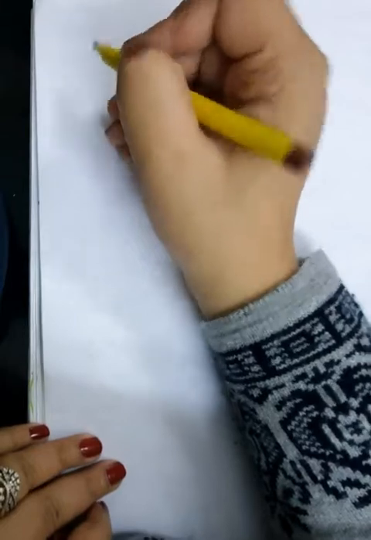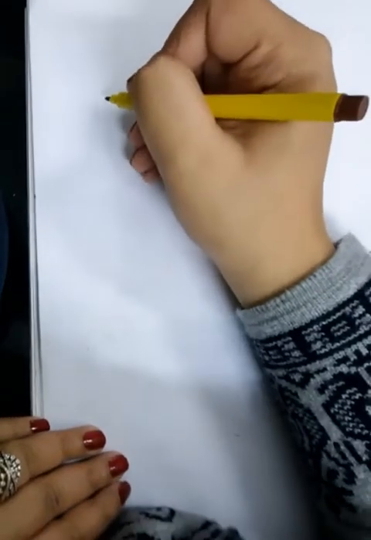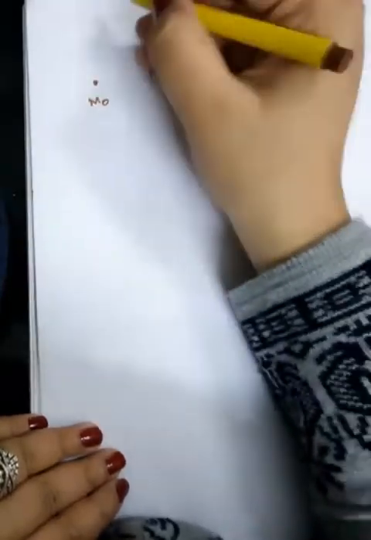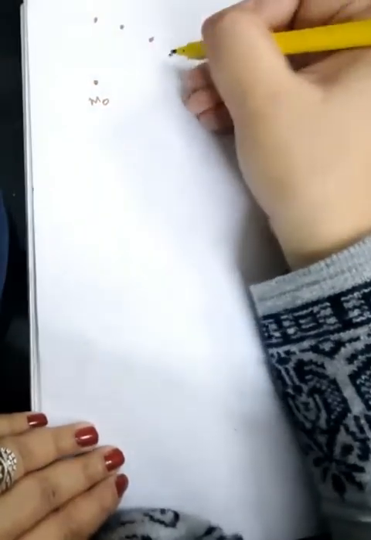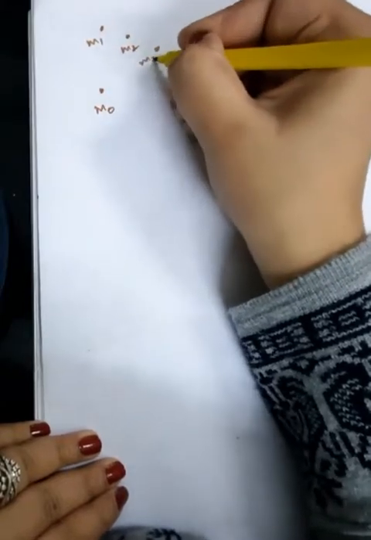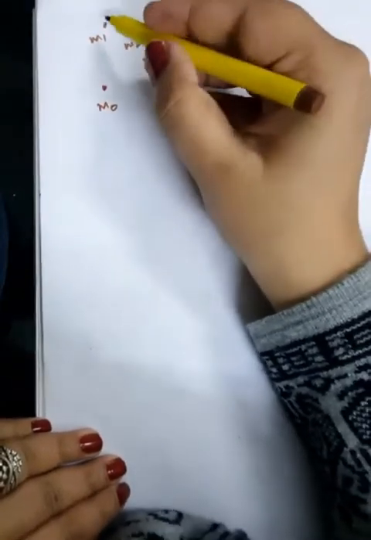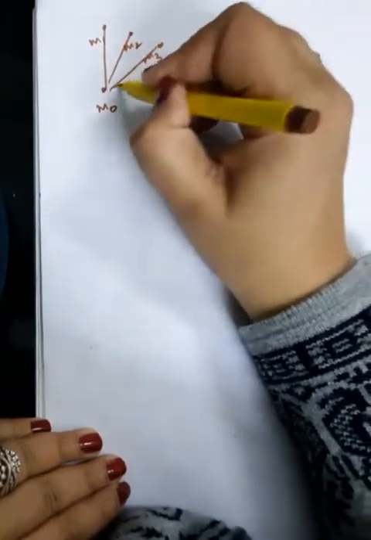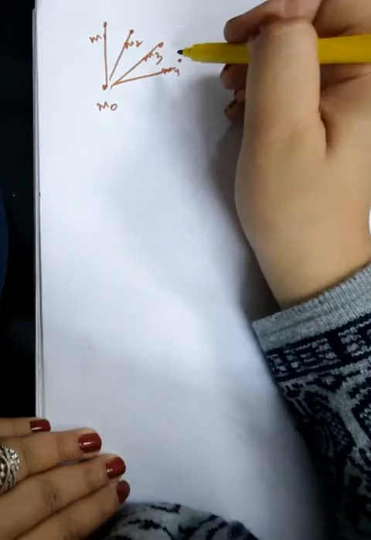Now we will be discussing the principle of superposition. The principle of superposition states that if you have one mass m0 and there are many other masses in the vicinity, like this is m1, this is m2, this is m3, this is m4. The force of gravitation between these masses, force is a vector quantity, right?